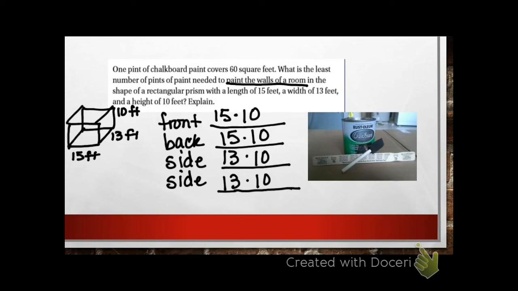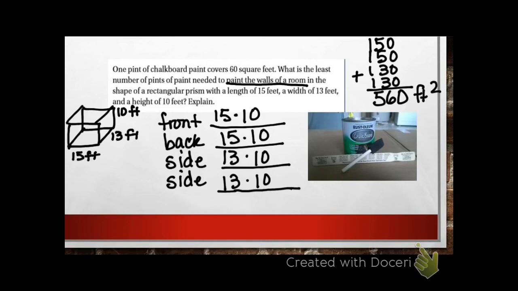All right, so let's make our addition problem. 15 times 10 is 150. And 13 times 10 is 130. And when I add those up, I'm going to get 560 feet squared.